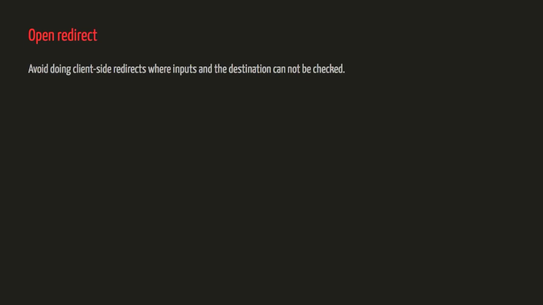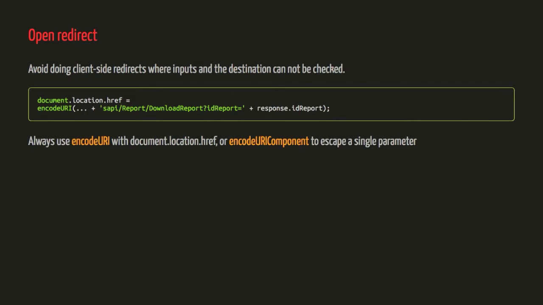One possible problem is open redirect, and it tells us that we must not do client-side redirects where inputs and the destination cannot be checked. So always use encodeURI with document.location.href, or encodeURIComponent to escape a single parameter.